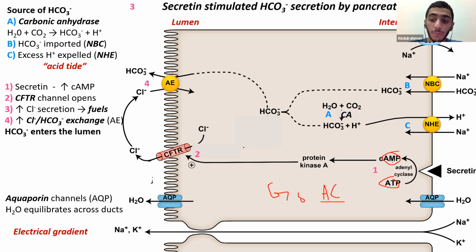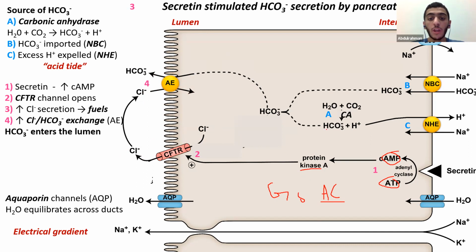And then cyclic AMP is converted to protein kinase A. And then protein kinase A is going to phosphorylate the receptor because it's a kinase. Any kinase is phosphorylating. It's going to phosphorylate the CFTR channel. CFTR channel, in return, is going to get rid of the chloride ions, which are used by the anion exchanger in order to get rid of the bicarbonate and to get the chloride in.